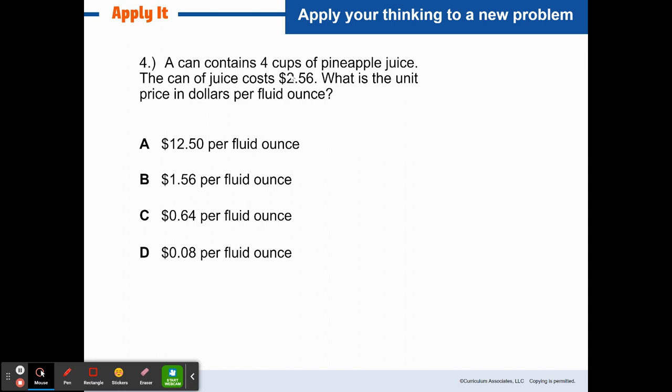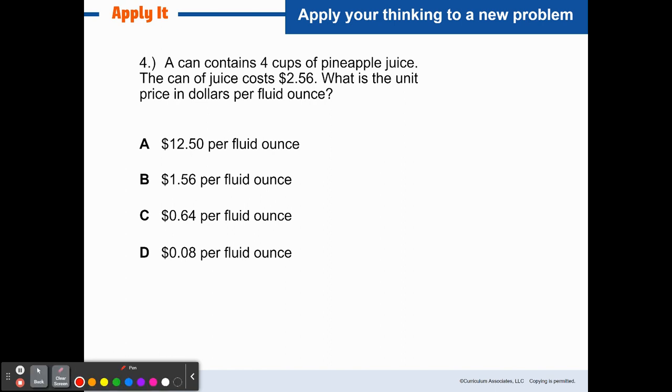So there are 8 ounces in every cup. So if we know that, then we can go ahead and convert that.